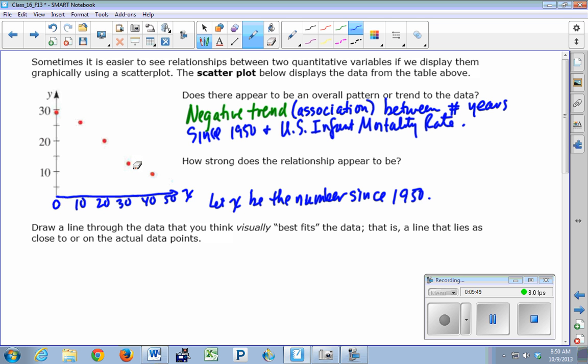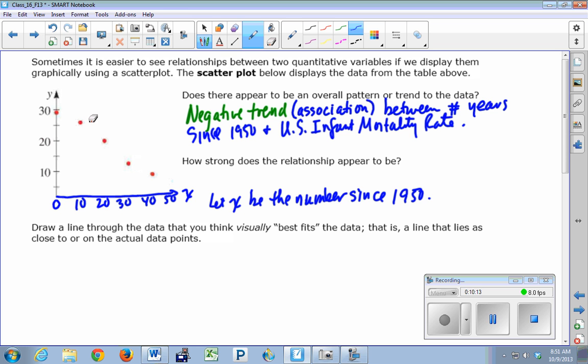Nothing lines up perfectly. So overall, what might you think in terms of some type of picture that would try to capture the essence of this negative trend? What might you do here? A lot, well, that's eventually where we're going, the line of best fit, right? So a line. This has some kind of linear trend to it, okay?